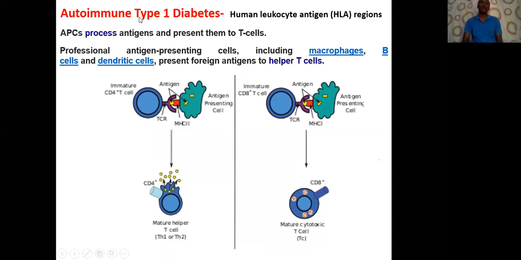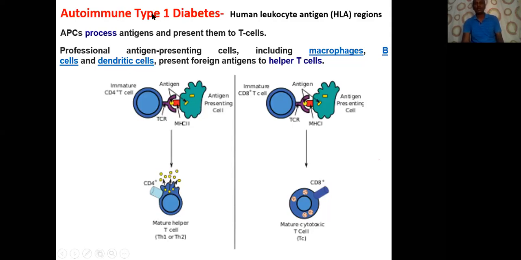That means our own body cells will be considered as antigens, and antibodies will be produced, and these antibodies remove our own cells from our body. That's what happens in autoimmune disease.